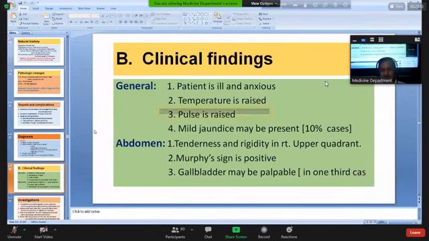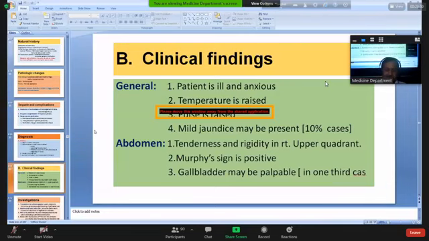And rebound tenderness is pain felt on releasing the pressure. So if there is any inflammation at a particular area of the peritoneum or the whole area, the area shows the features of inflammation like tenderness, rigidity, muscle guard, and rebound tenderness.